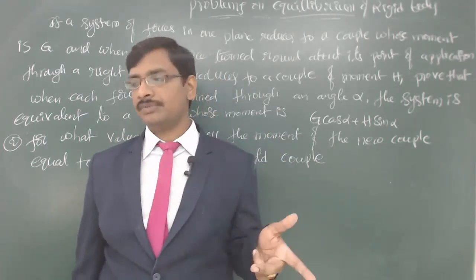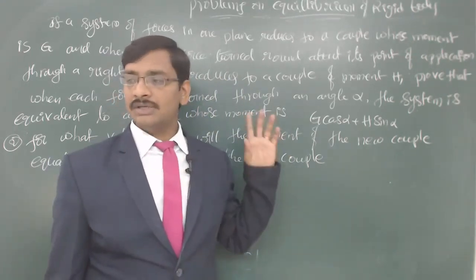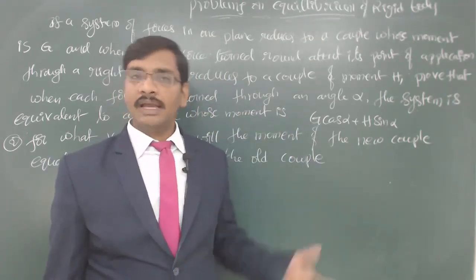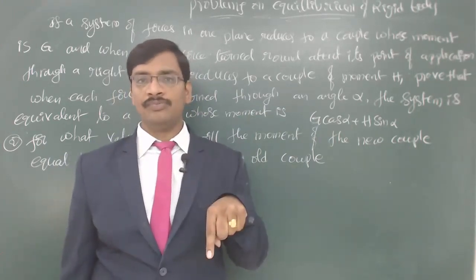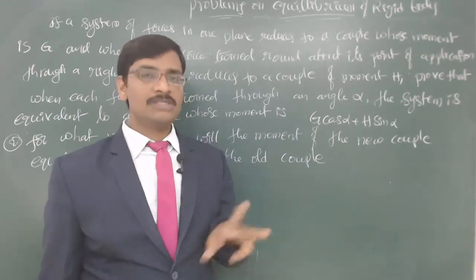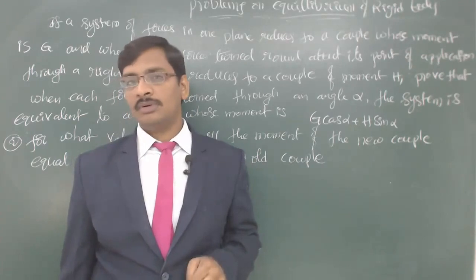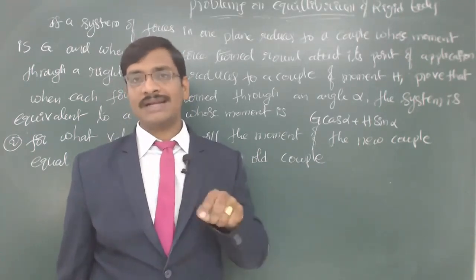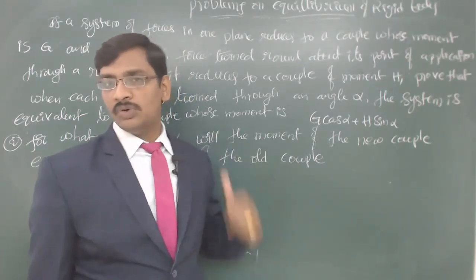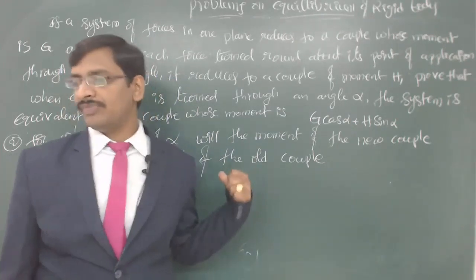So that moment value, in the first case it was G, and after it turned through an angle of 90 degrees, it forms one more couple with moment H. And suppose it randomly rotates through an angle of alpha, then what would be the resulting moment? That resulting moment we have to express in terms of the known moment values. So that is the problem statement.